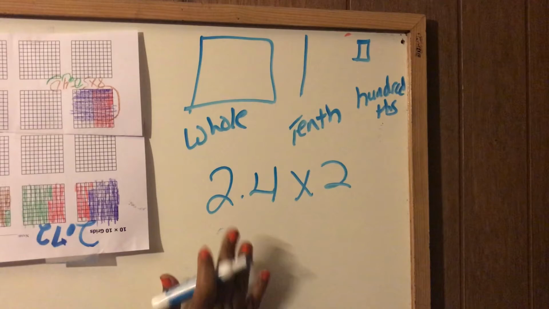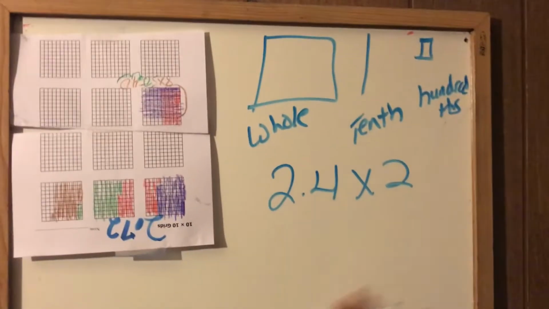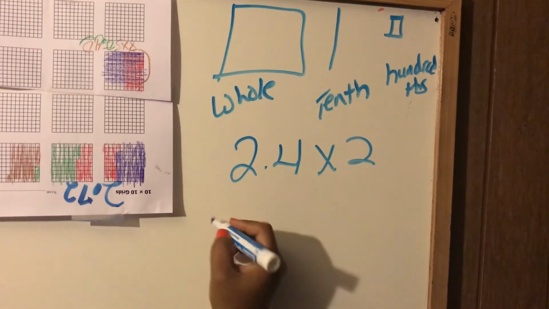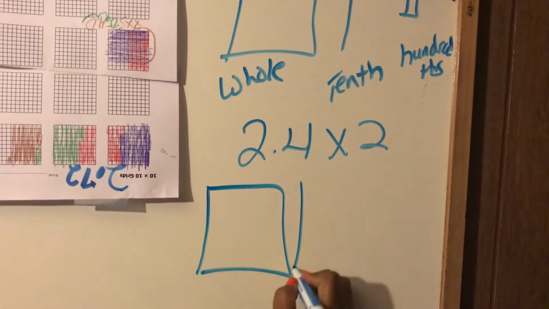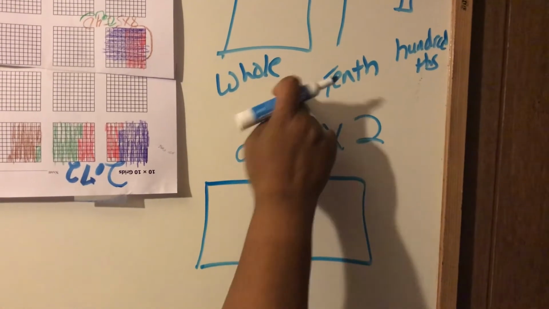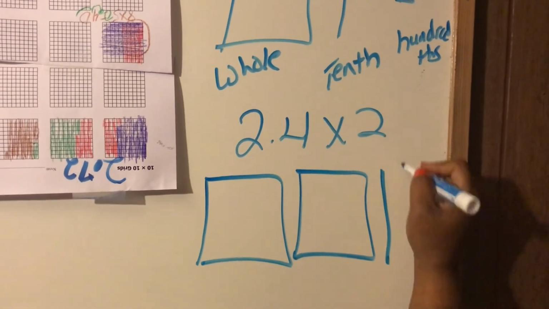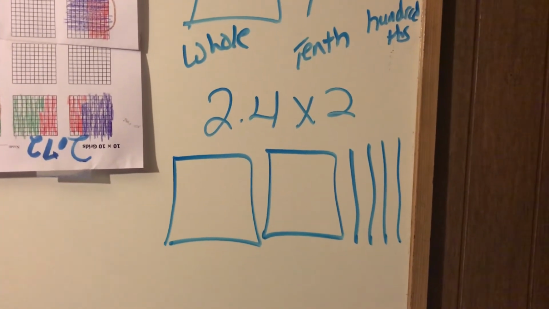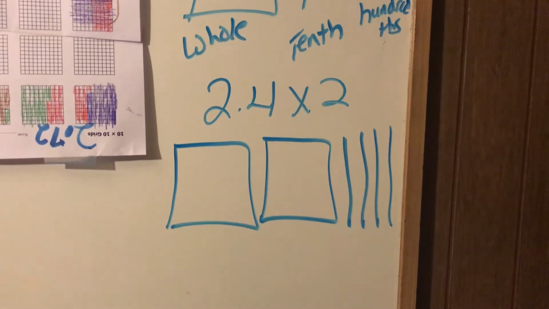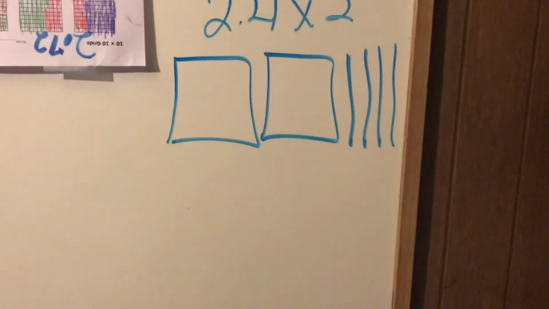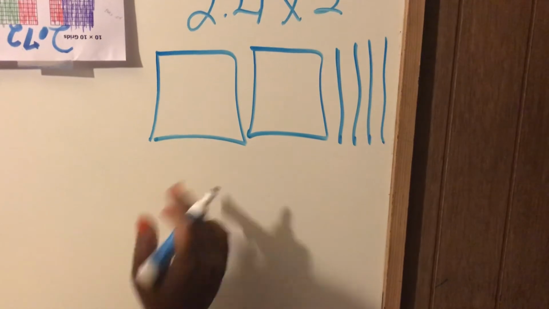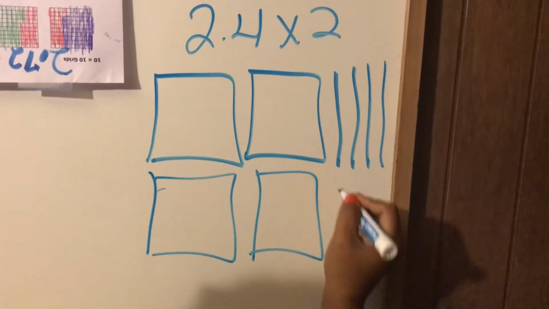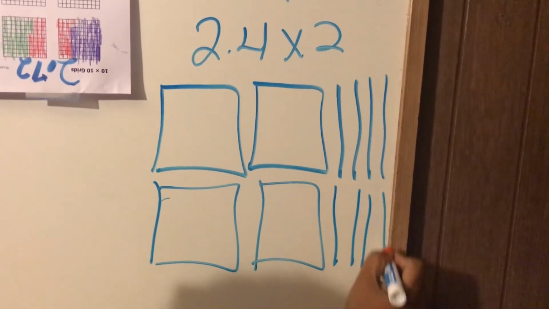So I have 2 wholes of 2.4. Let me say it correctly: 2 and 4/10. So I have 2 wholes, which match that, and 4/10: 1, 2, 3, 4. And I have 2 of them, so what I could do here is make another set. 1, 2, 1, 2, 3, 4.